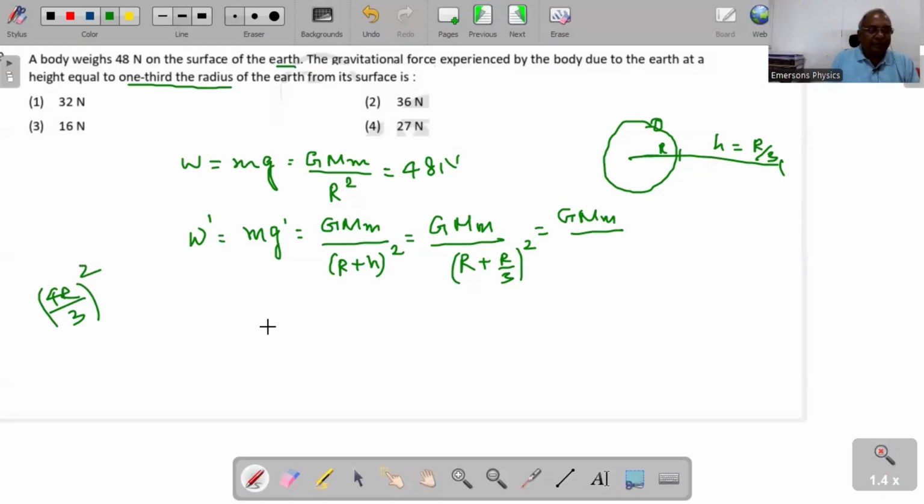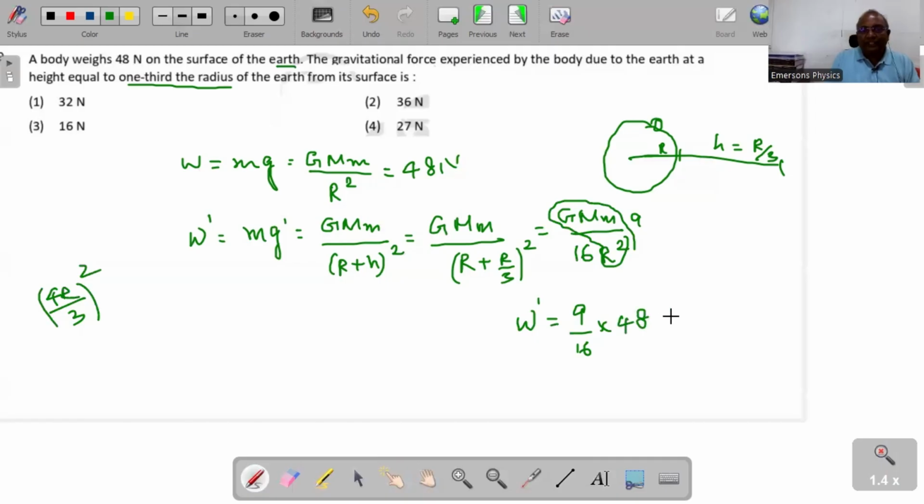That becomes 16R squared by 9. The 9 goes to the numerator. So the new weight will be 9 by 16 of the original weight. What is the original weight? 48.